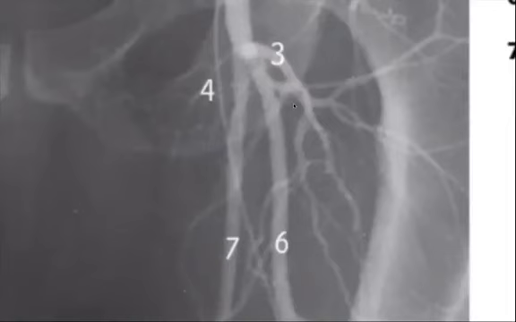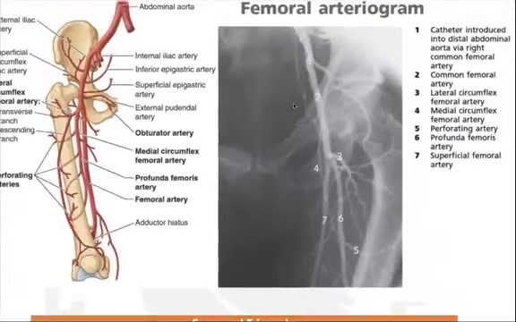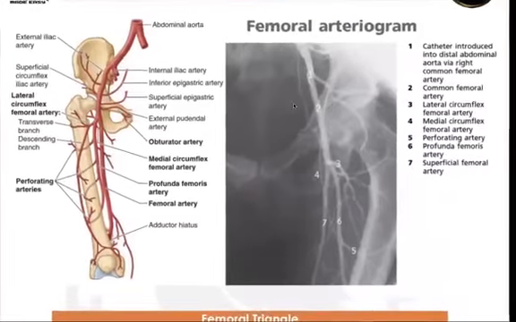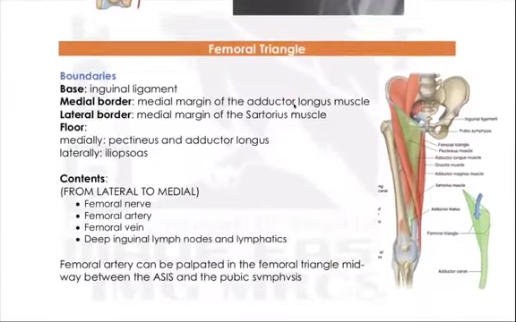And number 4, this is the medial one and you cannot see that. That's why you are not visualizing it properly. So number 3 will be your lateral circumflex femoral artery. Number 4 will be your medial circumflex femoral artery. Clear? I think now you are not going to forget this ever. Okay, fantastic. Sorry about that.